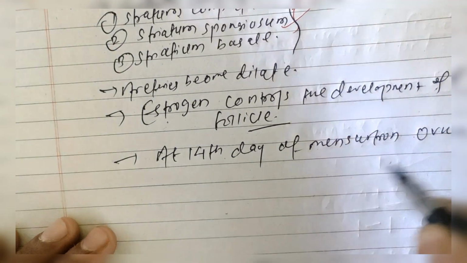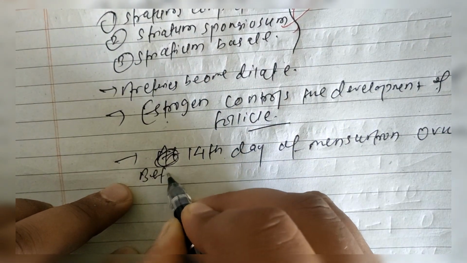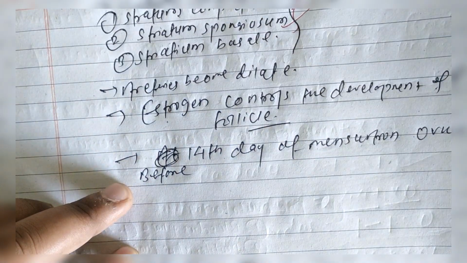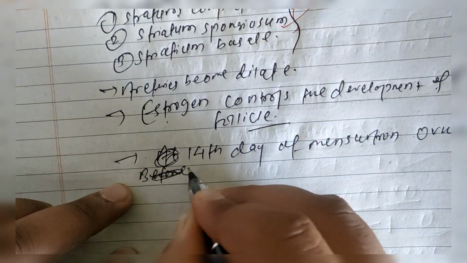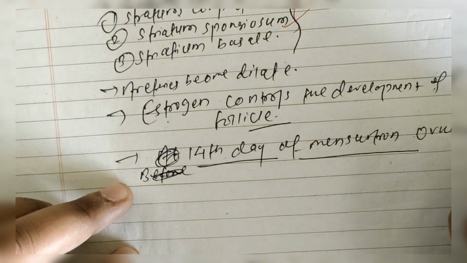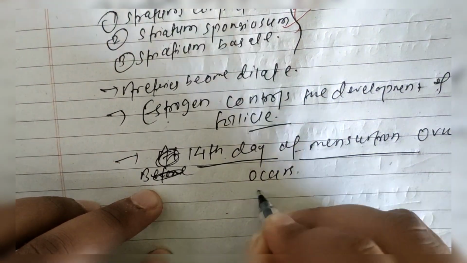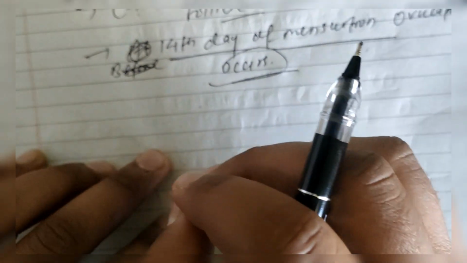You cannot tell it is exactly the 14th day, but before or at the 14th day of menstruation, ovulation occurs.